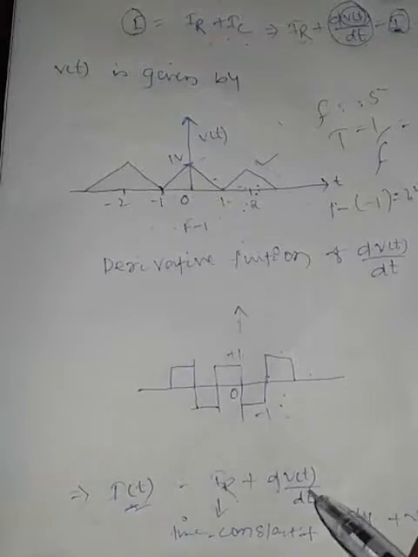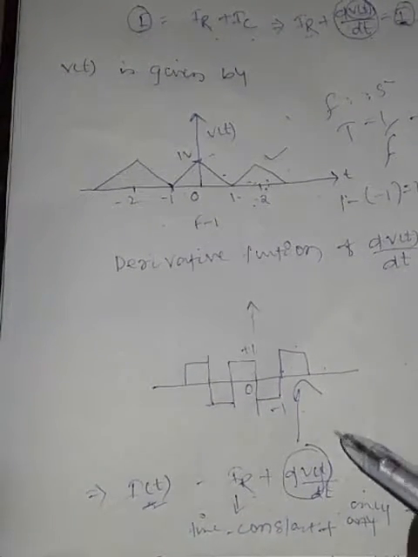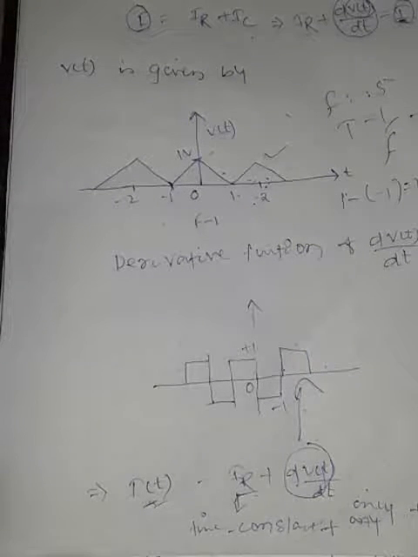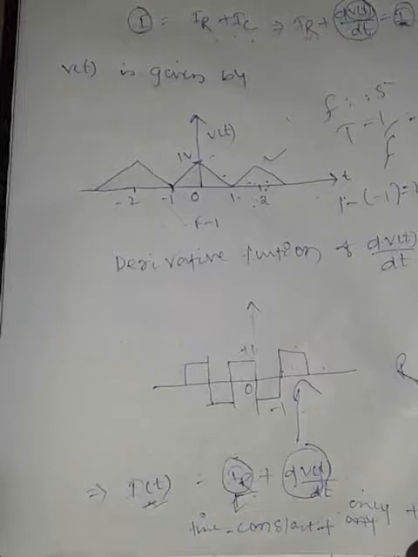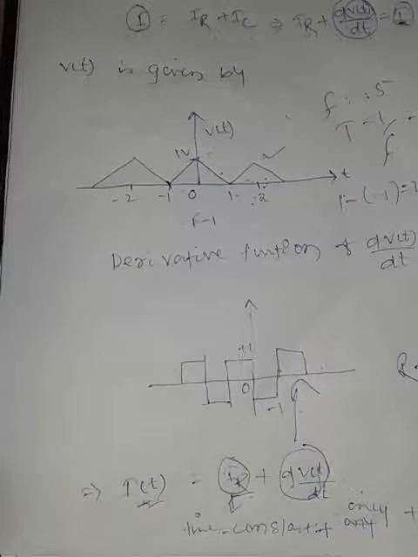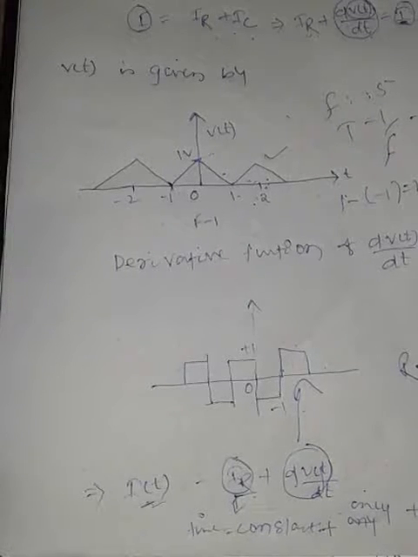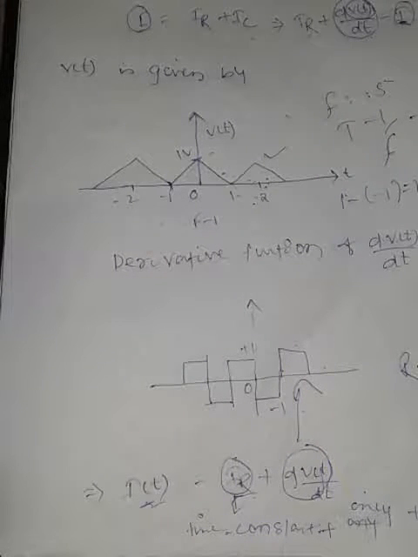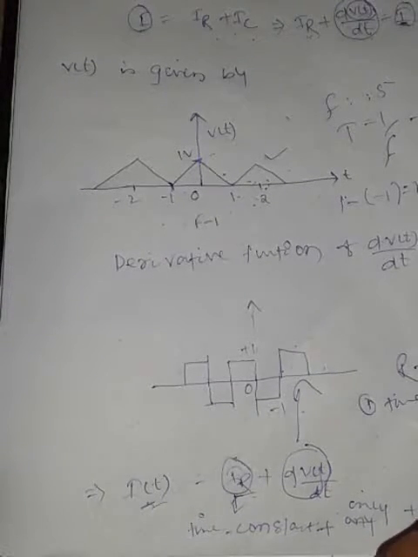This one represents this figure. But when we see I R, when only resistance is there, there is no change in time or frequency, only the amplitude changes. So when resistance is there, we should focus on three parts. One, no time period change.